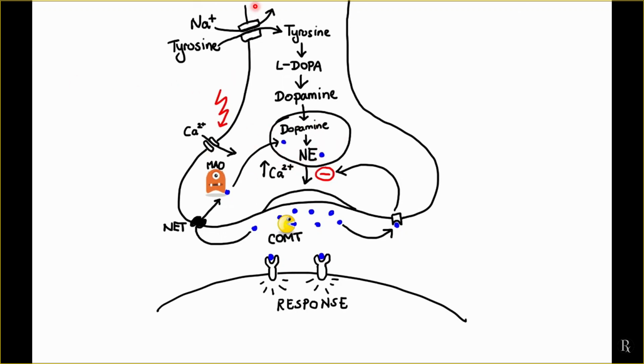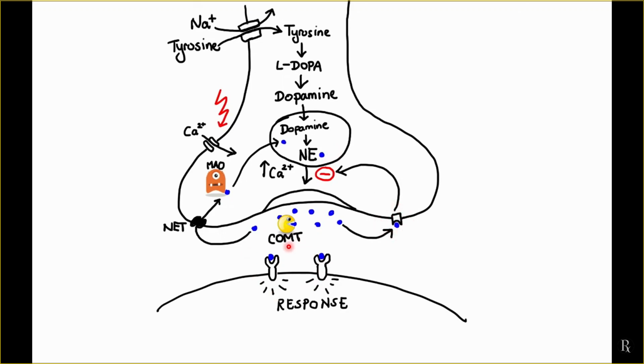And when the end plate current arrives, these vesicles will release norepinephrine to the synaptic cleft, and norepinephrine, once released, can activate postsynaptic alpha or beta adrenoreceptors or presynaptic alpha-2 adrenoreceptors.